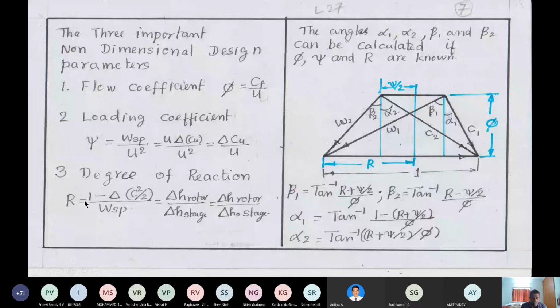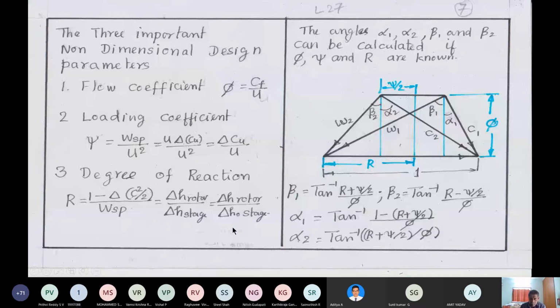This line should be cut short here. Other one is delta H rotor, that is enthalpy change in the rotor divided by enthalpy change in the stage. That may be written as enthalpy change in the rotor by stagnation enthalpy change in the stage or in the rotor, because stagnation enthalpy will change only in the rotor.